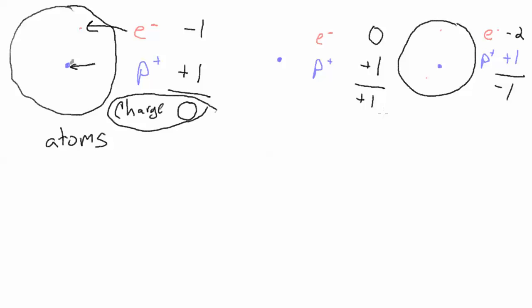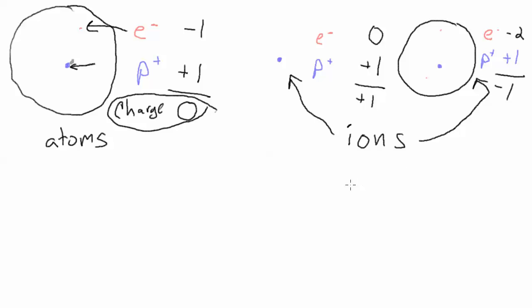But look what's going on over here. This atom has a +1 charge, and this atom has a -1 charge. So charged atoms have a special name in chemistry. They're called ions. So this is a +1 ion. And this is a -1 ion.